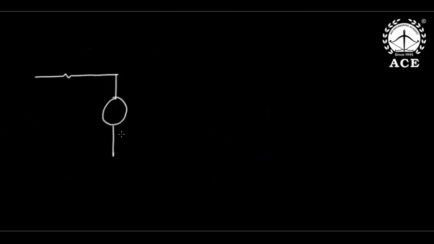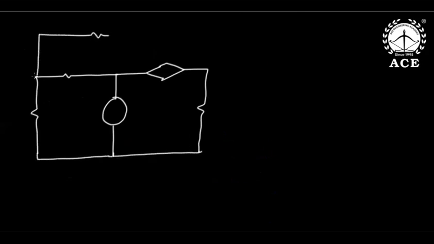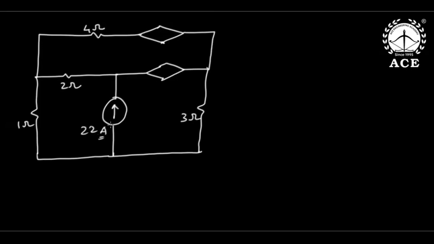Everybody watch this. 1 ohm, 2 ohm, 3 ohm, 4 ohm, 22 amperes. This is Ix, 2Ix. This is Vx, 3Vx.